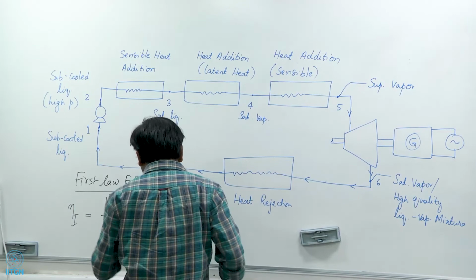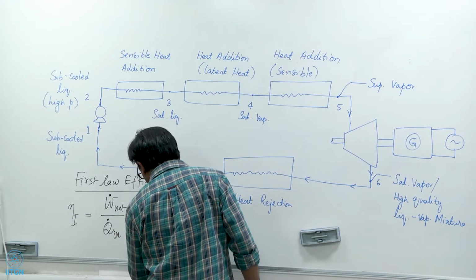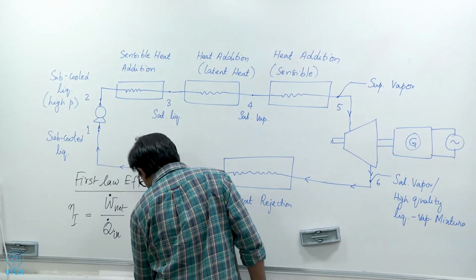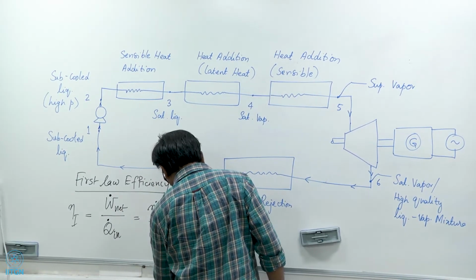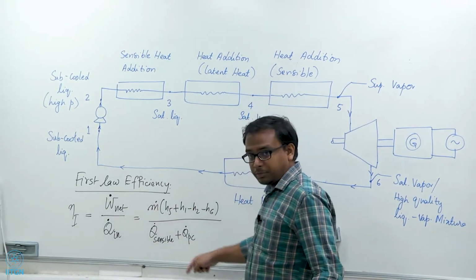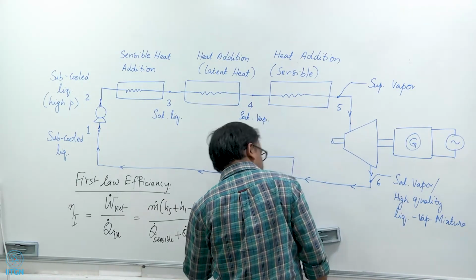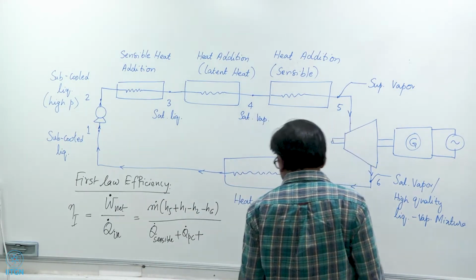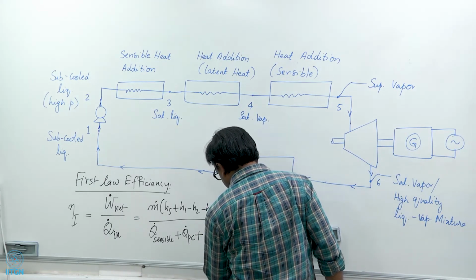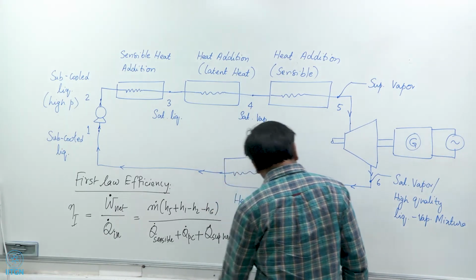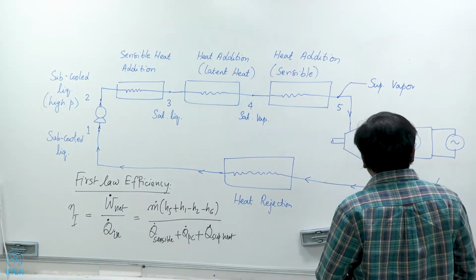So, this Q dot in can be written as Q dot sensible plus Q dot phase change, which is Q dot PC, plus the Q dot for superheating, Q dot superheat. Okay. So, we have done the individual calculations.